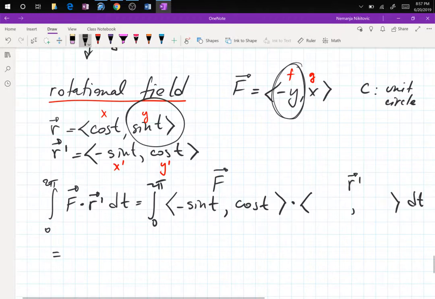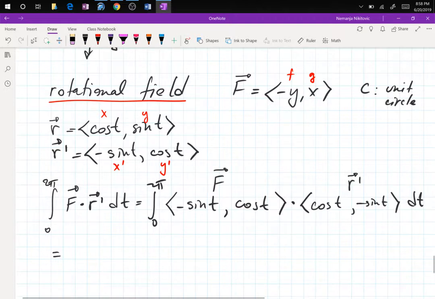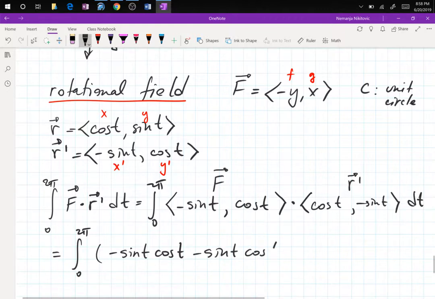And then g is cosine t, and the r prime is negative sine t. There we go. Good. So now the dot product there, we have negative sine t cosine t minus another negative sine t cosine t dt.